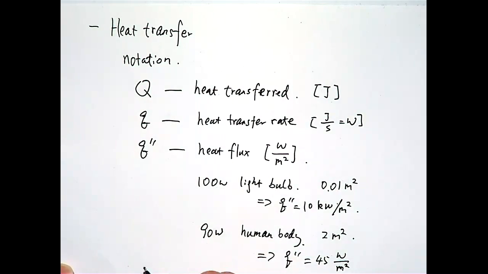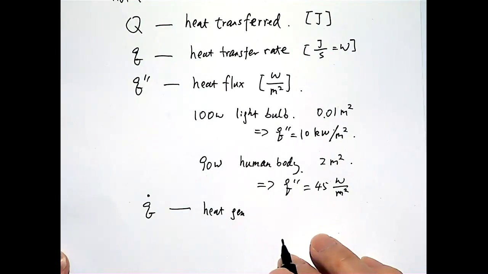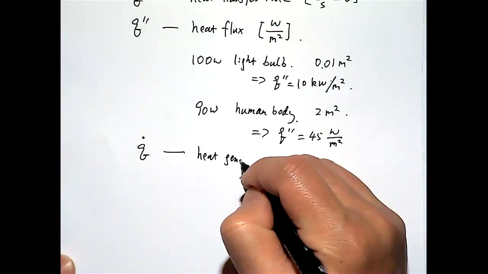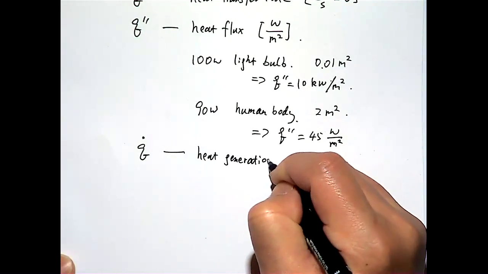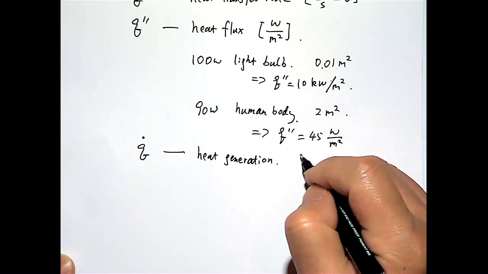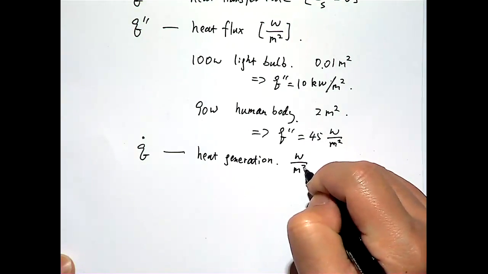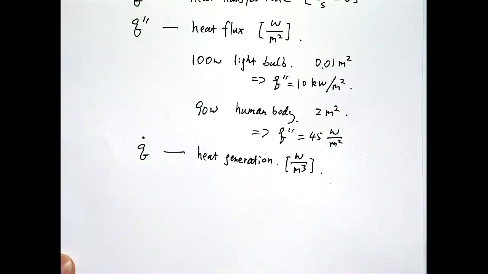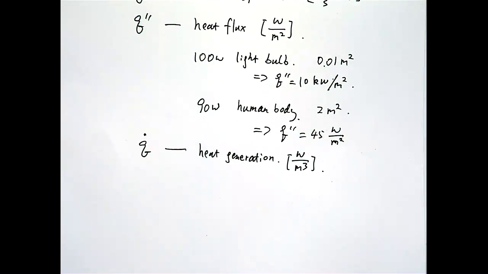Other than that, we have another term called q dot, which corresponds to the energy generation term. In terms of dimension, that's watts per meter cubed. This generally refers to the case where heat is being generated within a certain medium.